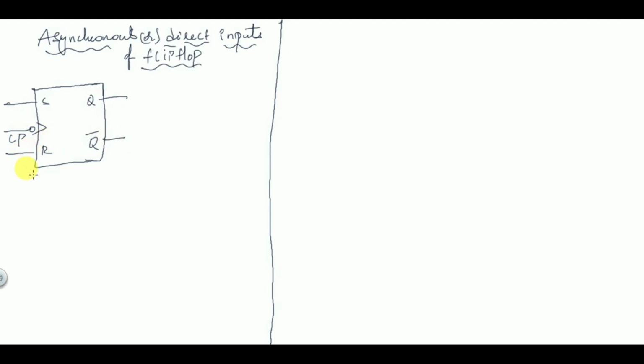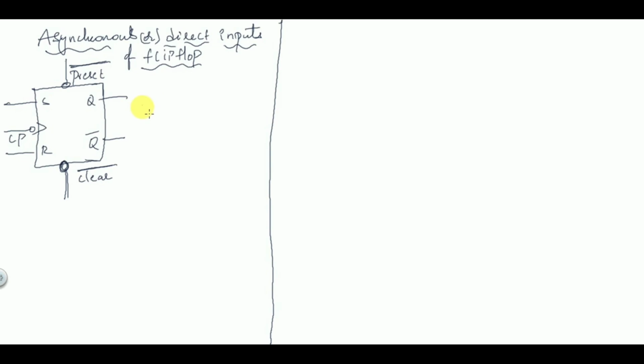When flip-flops are normally available in IC form, they will have two more inputs which are called preset bar and clear bar, because they are active low inputs. So there are two more inputs available when a flip-flop is in IC form.